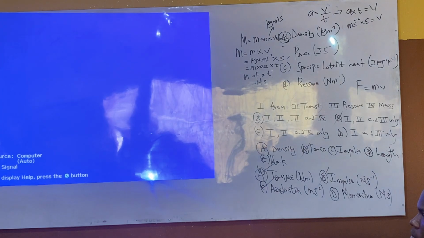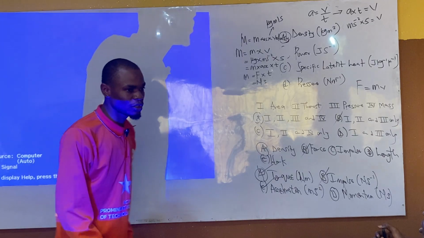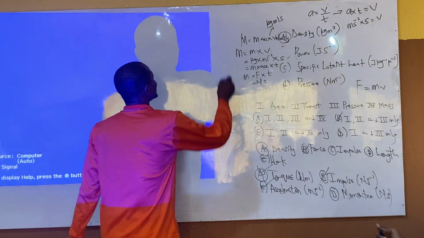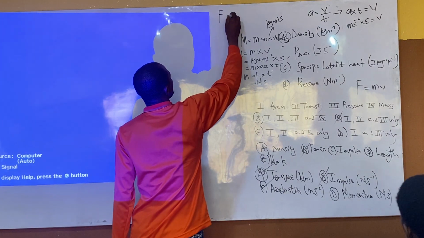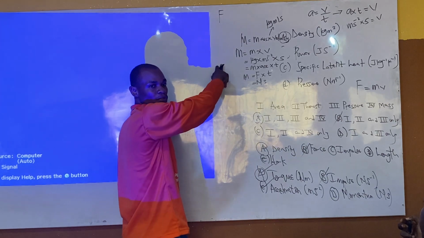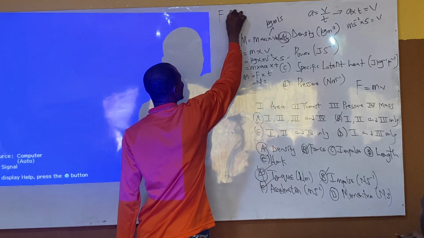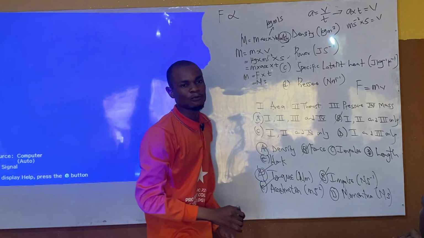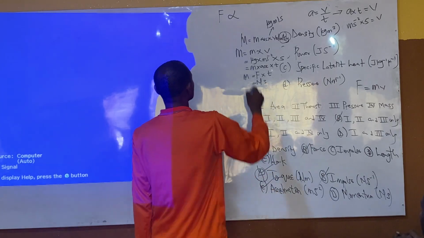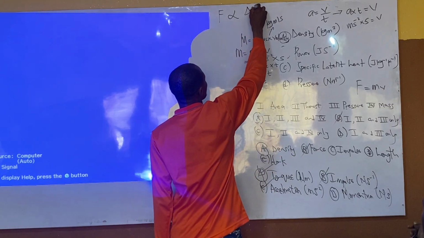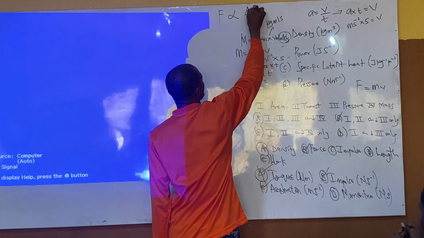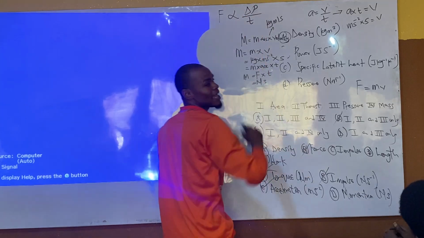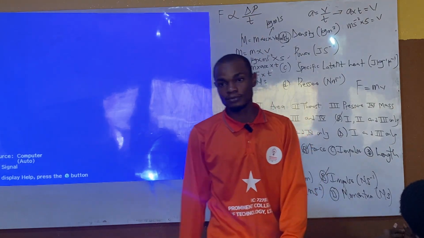Class, Newton's second law of motion says that the force applied to a body is directly proportional to the rate of change of momentum. When you say rate of change of momentum, there will be time. That rate is showing the time.